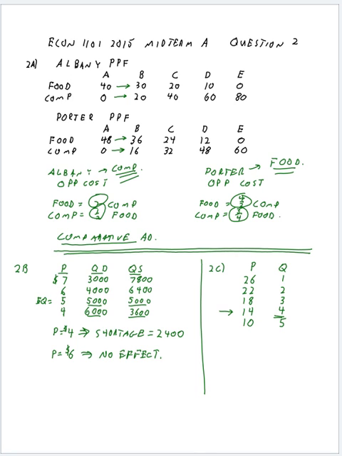The consumer surplus means that, okay, for the first unit of cake that he buys, he was willing to pay $26, but he only has to pay $14. So this difference is 12. And for the second unit of cake, he's willing to pay $22, but he only has to pay $14. So that difference is 8.